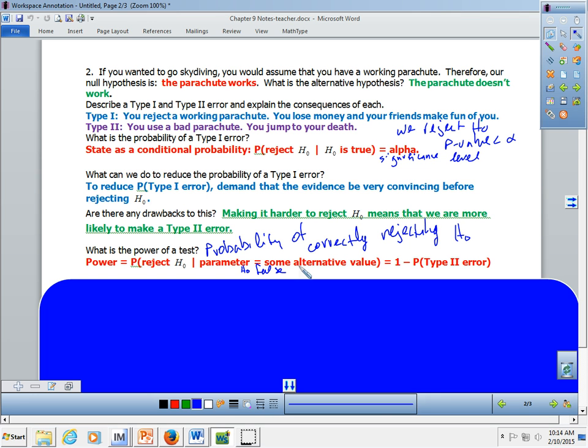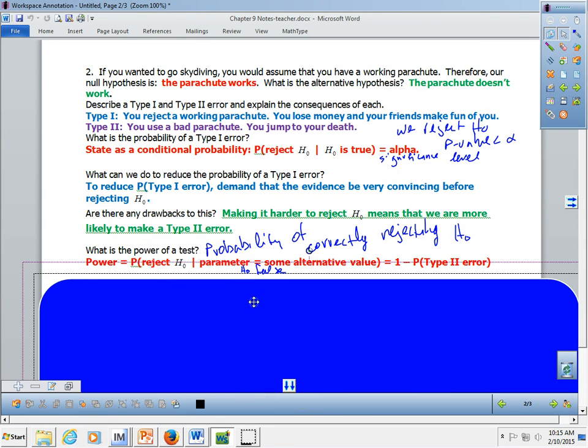Now, if you wanted to calculate the power of a test, well, it all depends on the probability of making a type 2 error. We go back up to type 2 error. Type 2 error is that you fail to reject H0 given that H0 is false. So it should be the exact opposite.